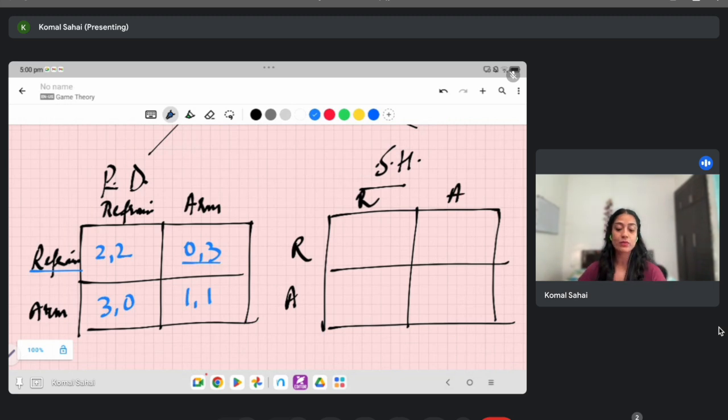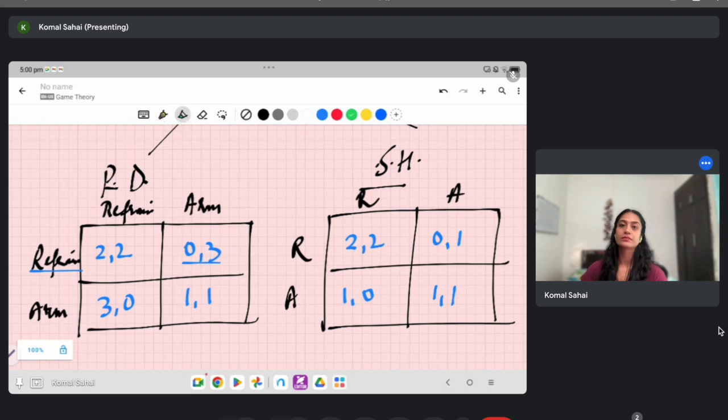But instead, if the preferences of both the countries were like those of the players in a stag hunt, then this would be the case. ठीक है ना? So this is the difference: for player 2, how is this ranked vis-a-vis this? How is this ranked vis-a-vis this? For player 1, how is this ranked vis-a-vis this?